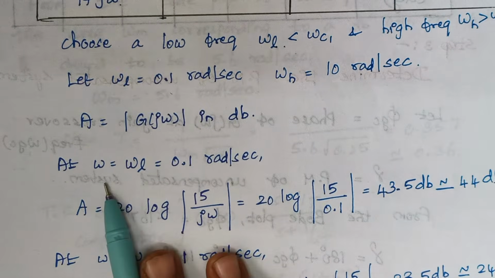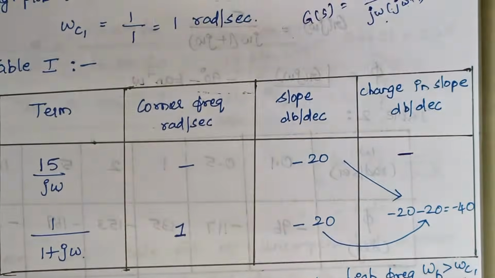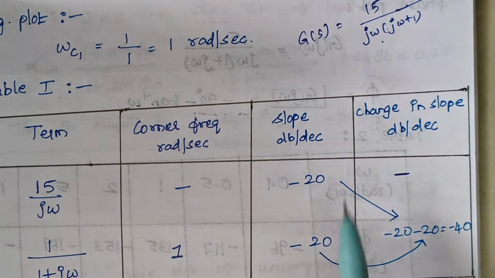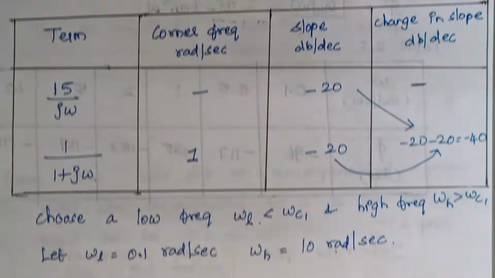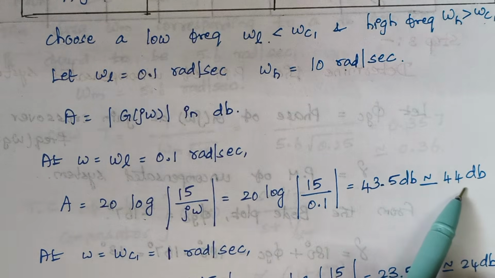At omega equal to omega L, the magnitude is given by the constant with individual omega term. In the transfer function you see we are having 15 divided by j omega, right? So just substitute over here. Since we want it in decibels, 20 log is included. Substitute the value of omega here and finally calculate the value of magnitude, right?